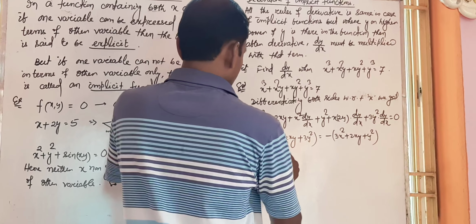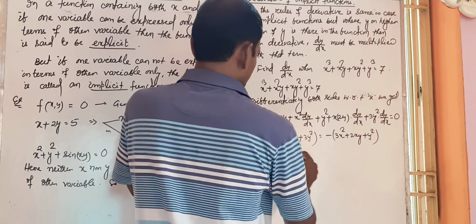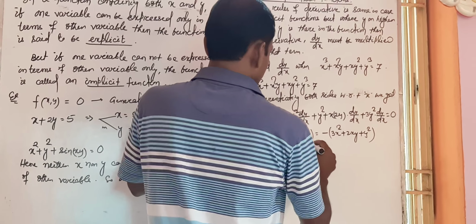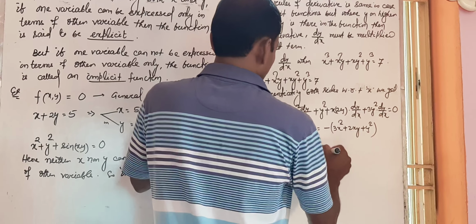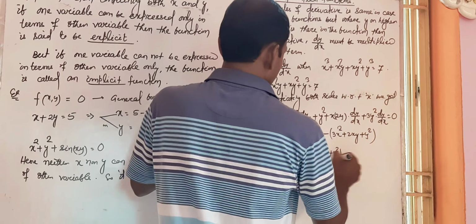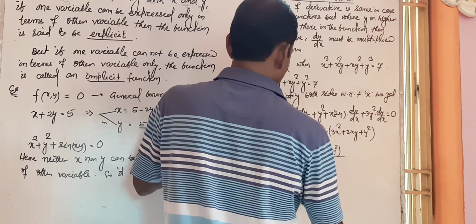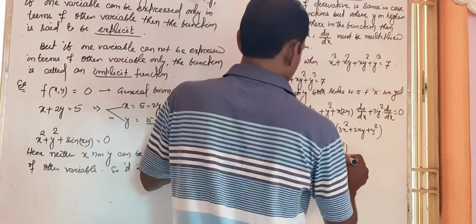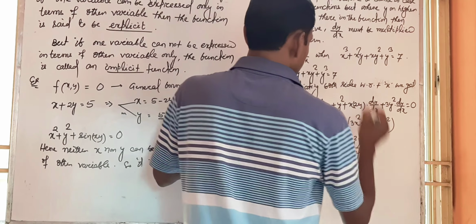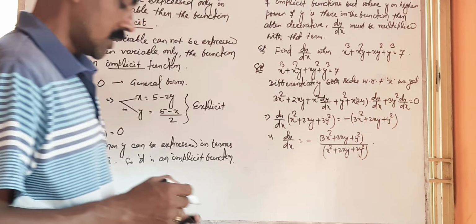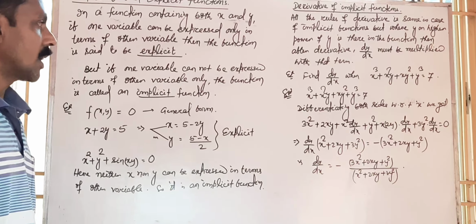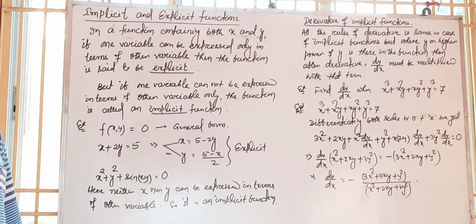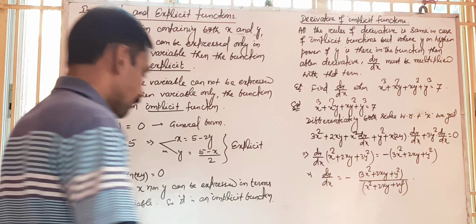So dy by dx equal to minus of (3x square plus 2xy plus y square) whole divided by (x square plus 2xy plus 3y square). So this is the method how to find the derivative of an implicit function.